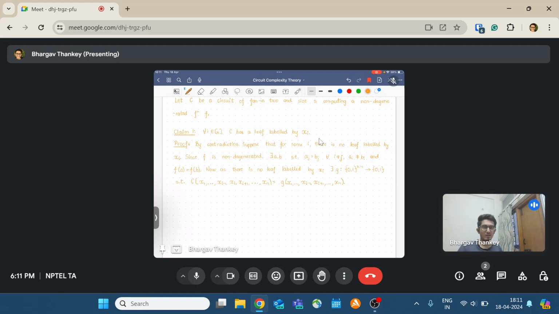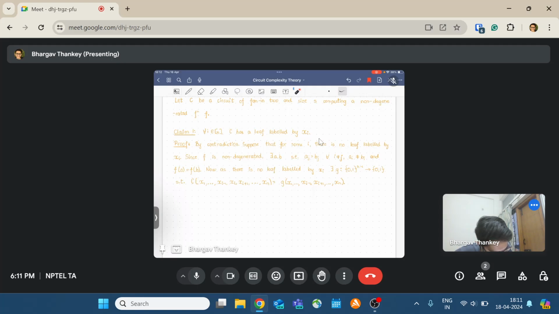Yeah. So since C does not even read xi, its output does not depend on the value of xi, right? So the output of C is the same as the output of a function g on n minus 1 variables with xi missing.